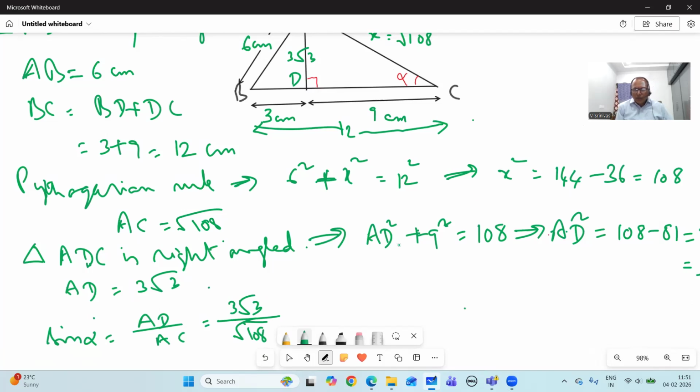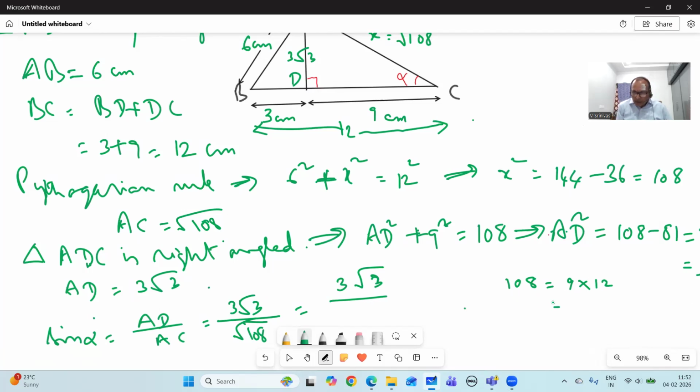Let us simplify this. Let us simplify root 108. What is root 108? What are the factors of 108? 108 is 9 into 12.